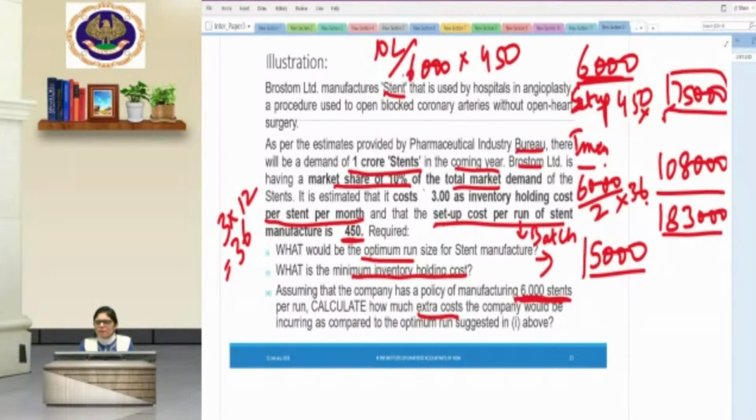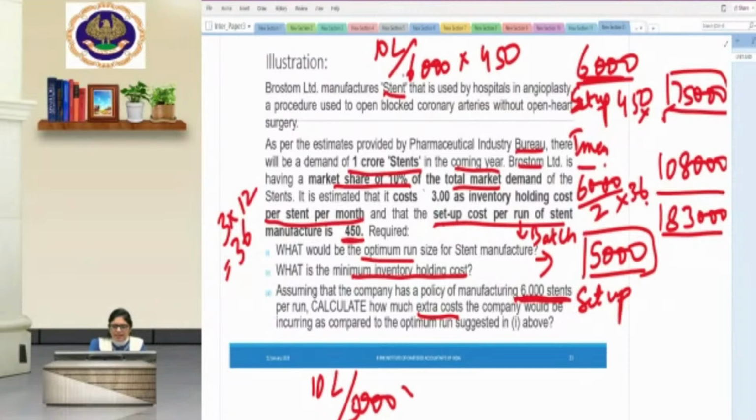Now, if we produce 5,000, how much will be the setup cost here? 10 lakh divided by 5,000, into 450. The setup cost, 10 lakh into 450 divided by 5,000, will be 90,000.